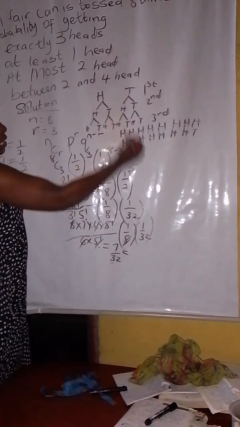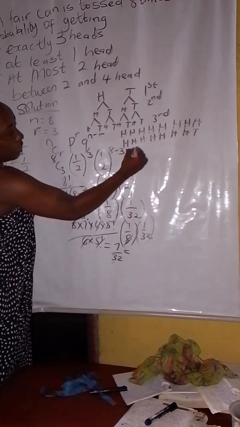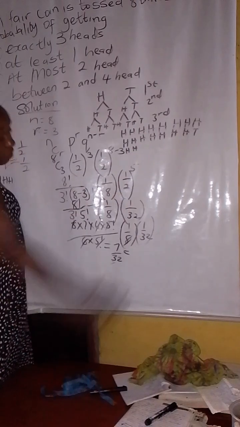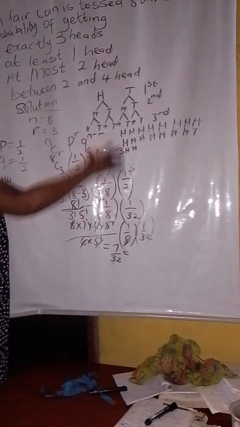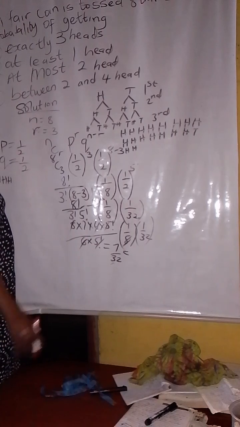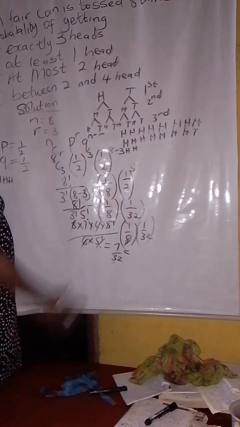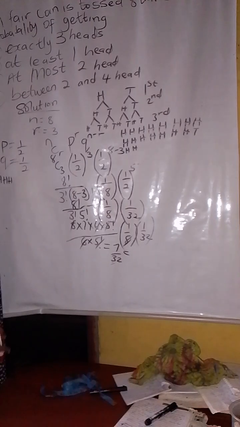As I explained earlier, you continue to write H, T, so it's possible that it appears 32 times. And exactly 3 means you will have 3 heads appearing 7 times.